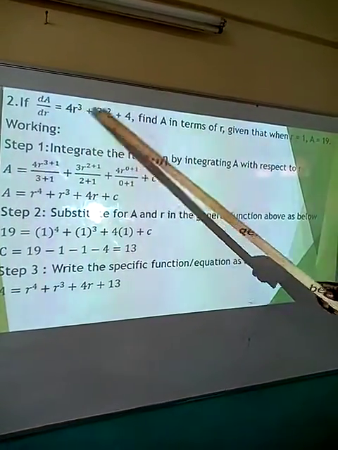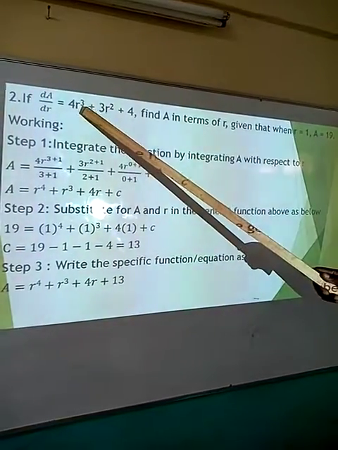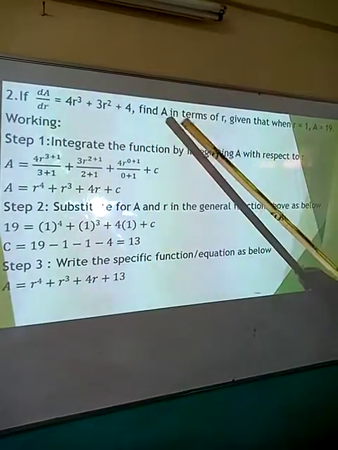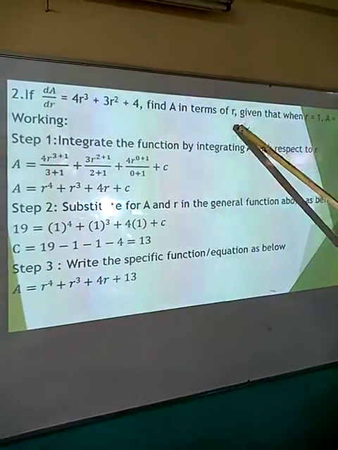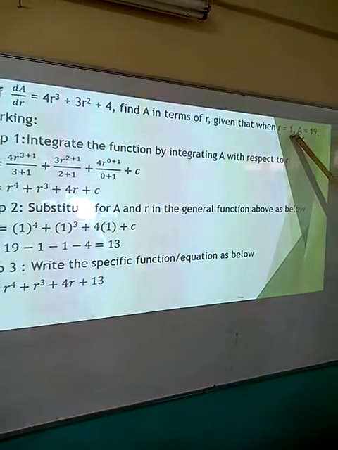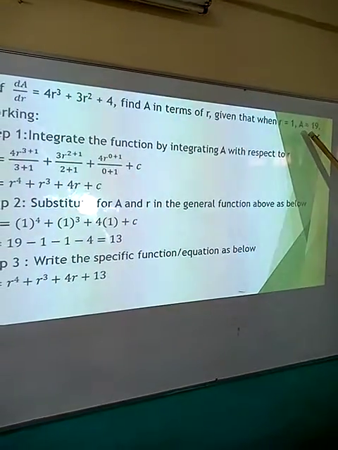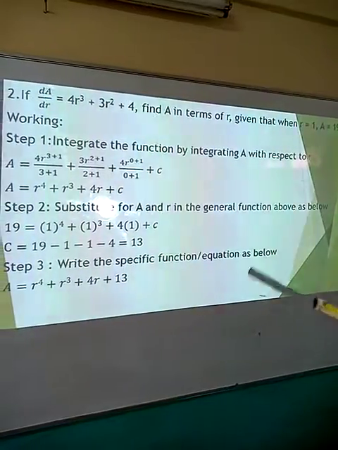If dA/dr is equal to 4r cubed plus 3r squared plus 4, find A in terms of r, given that when r is equal to 1, A is equal to 19.